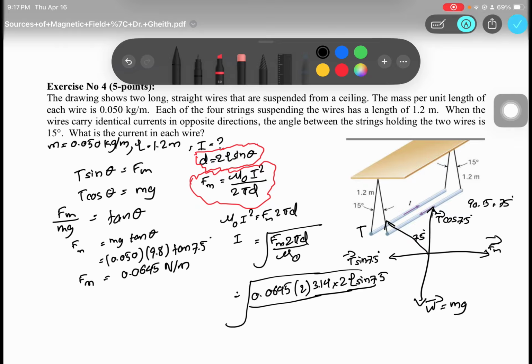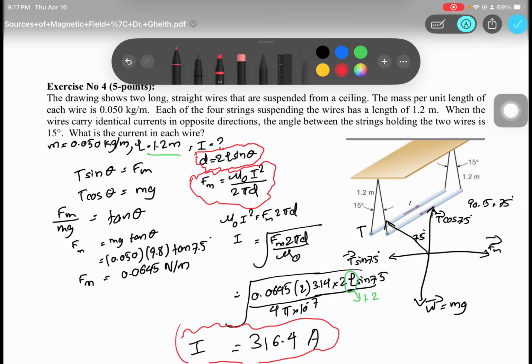Mu naught is 4 pi into 10 power minus 7. When you put it in your calculator, you will get I is equal to 31.614 A. Okay, so this is the answer.